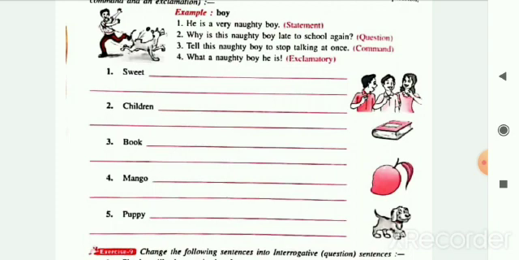I read books every day. That is your first part. Now question, do you read books? Command, put the book back in the bag. It's a command. Exclamatory, wow, what a wonderful book. So I hope you have understood now how you will make sentences of the 4 various types using the words that are given here.